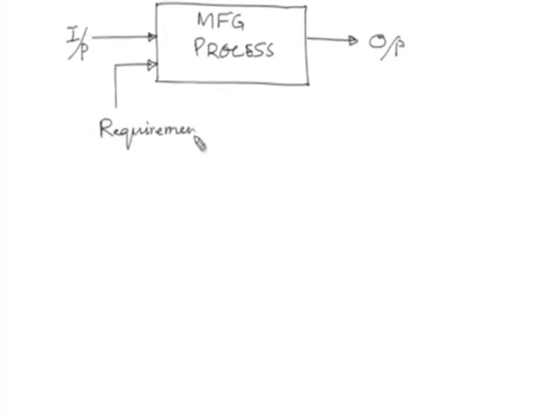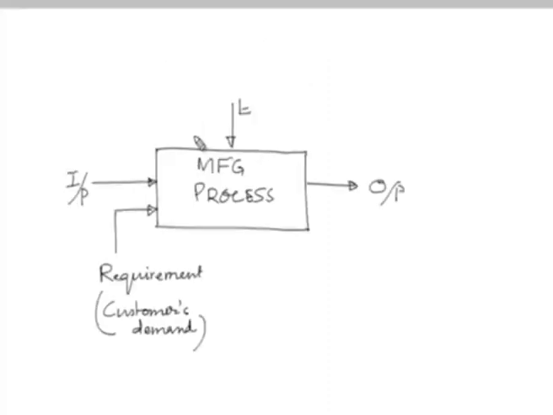These requirements will mostly be as per the customer's demand or the customer's requirement, what he wants; then energy, which will be used for conversion of the raw material or the inputs to the corresponding output; then the inputs in the form of resources, say raw materials etc.; then the machines, whatever machines or resources available there.